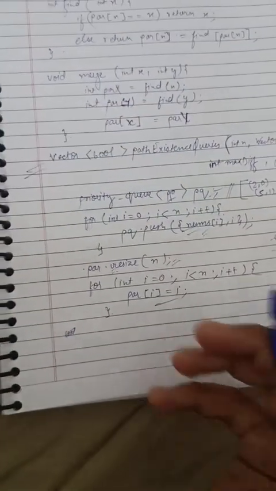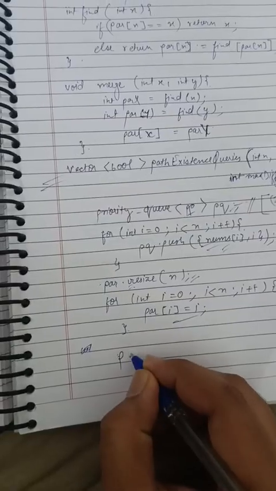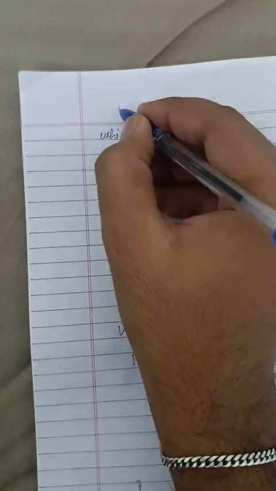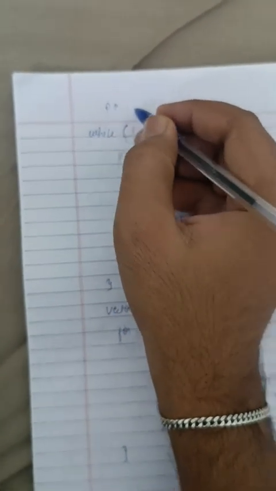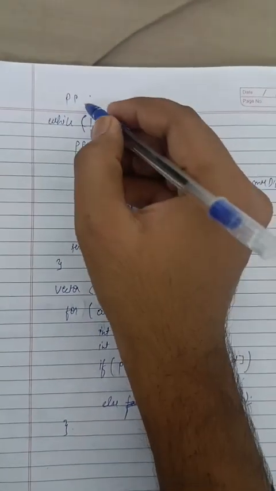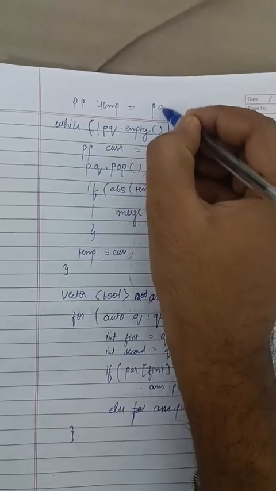There is something I am forgetting. There will be a temporary pair, let's write here only. The pair temporary is equal to PQ dot top element.